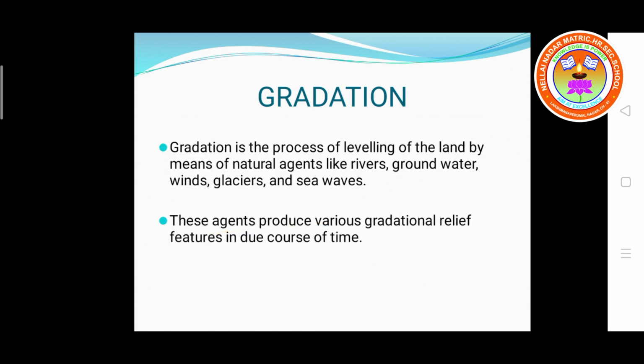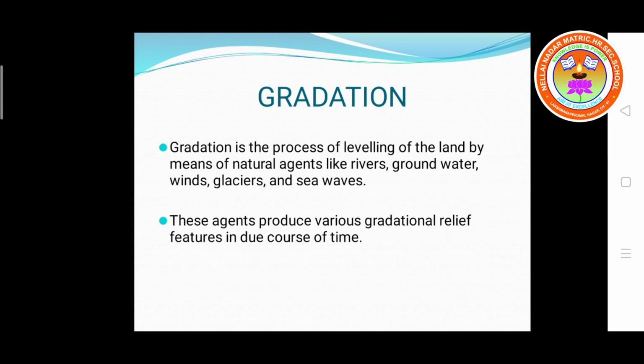Gradation is the process of leveling of the land by means of natural agents like river, groundwater, winds, glaciers and sea waves. So gradation means it's a process, a leveling of a land by means of natural agents. We have various natural agents, like river, groundwater, winds.